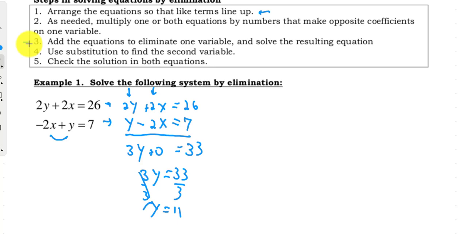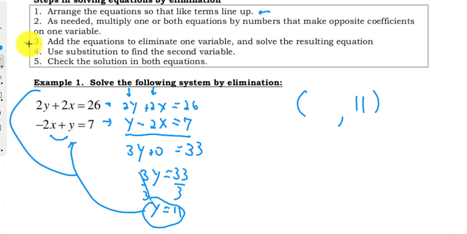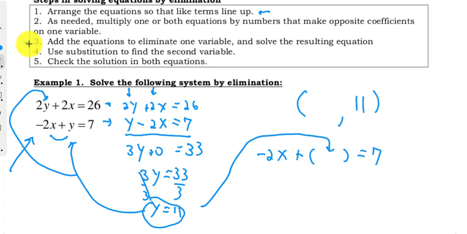Okay, so now y equals 11, that's a good start, but that's just the y coordinate to my ordered pair. So I need to replace y either here or here with 11. So I'll use the bottom equation. I'll rewrite it here. So I have minus 2x plus, now instead of y, I'm going to drop my 11 right here, right?